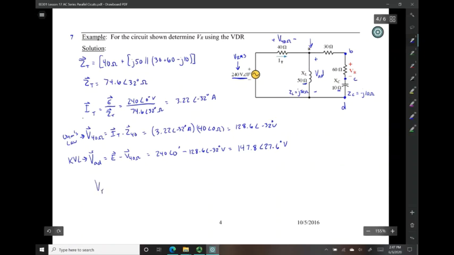So the voltage drop across R is equal to VAD times R over Z equivalent series. So plug in the values.